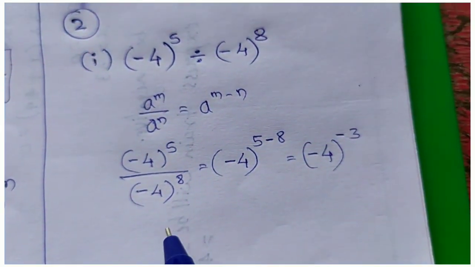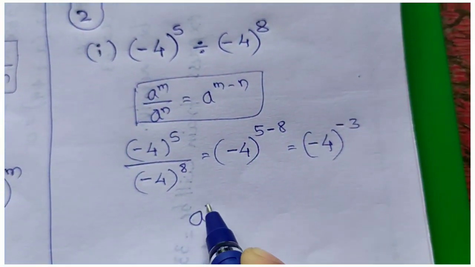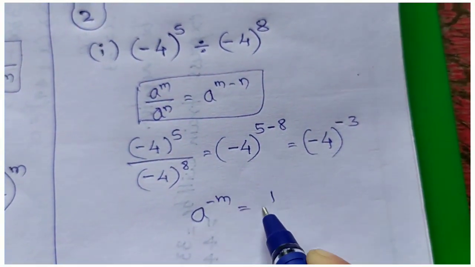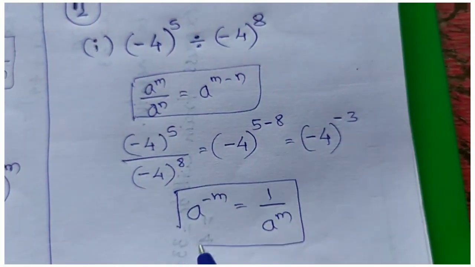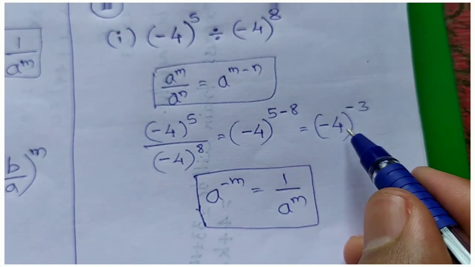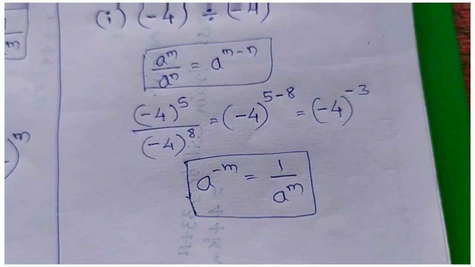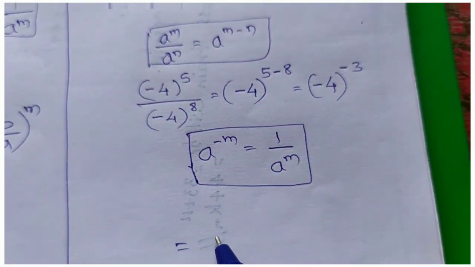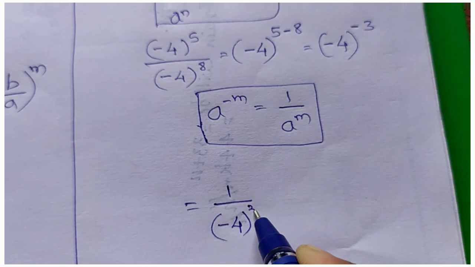Okay, so again another one identity is there, that is a power minus m gives us 1 by a power m. Okay, so using this I will rewrite the answer as 1 by minus 4 whole to the power 3.